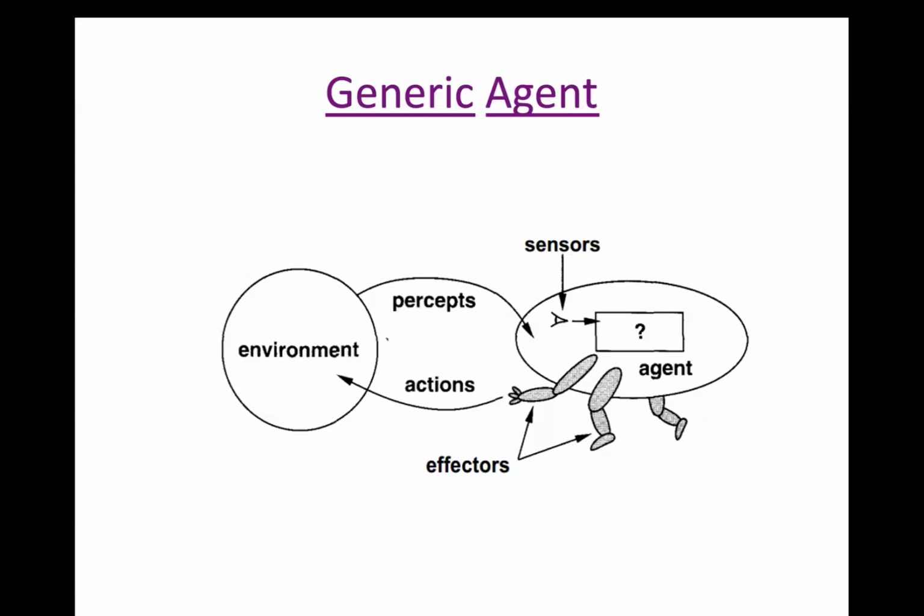There will be some sensors, just like in the previous video, where we have the light sensors which are detecting the change in the colors on the floor for the robot to understand where it is. Then there has to be some action.